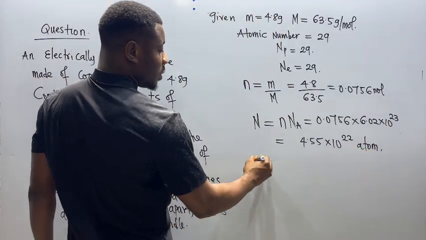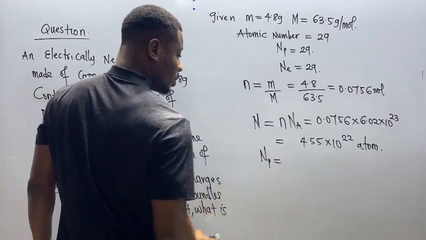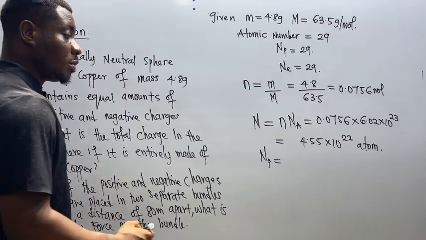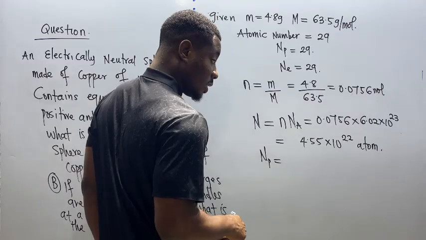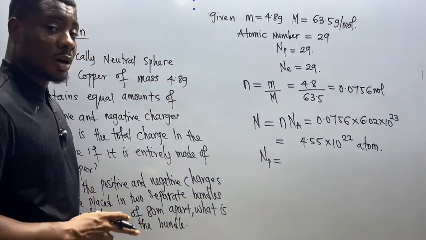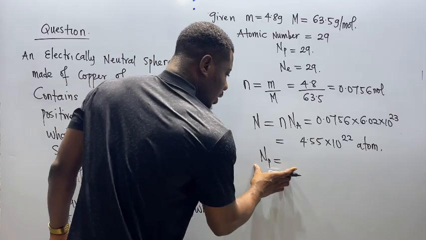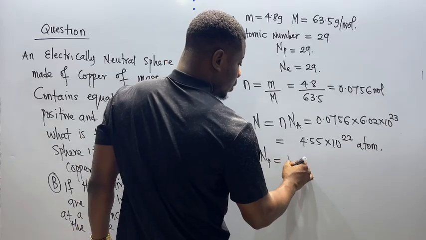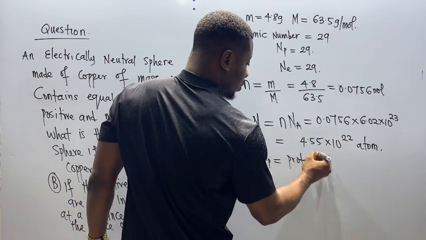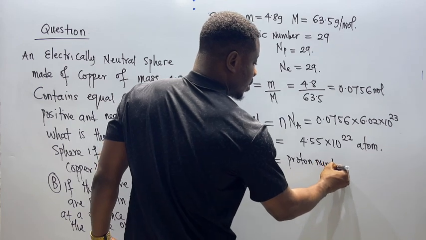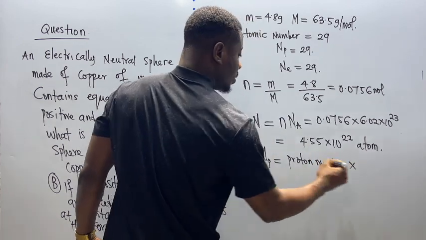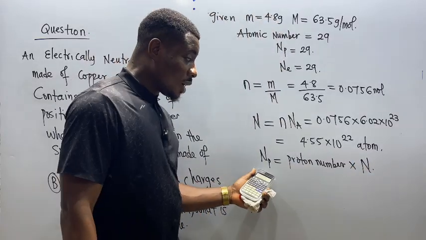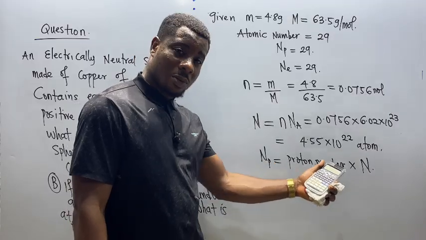So now let's look for the number of protons. The number of protons will equal the number of electrons here because what we have is a neutral atom. To get the number of protons, you multiply the proton number and the number of atoms.